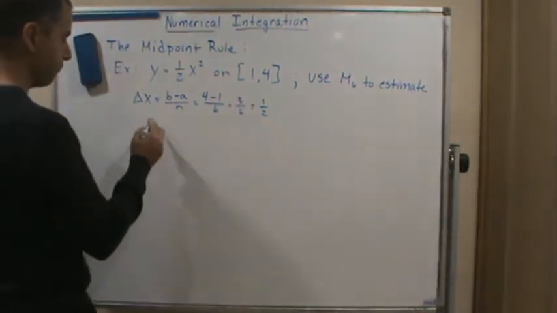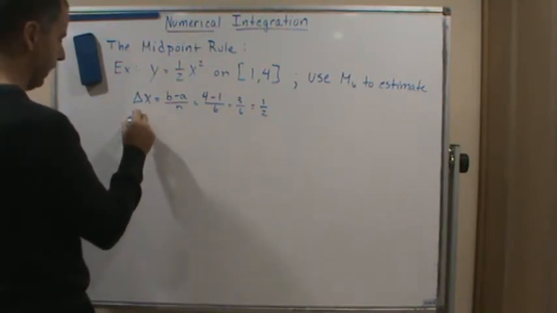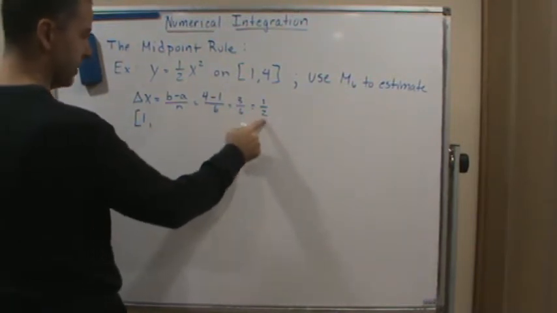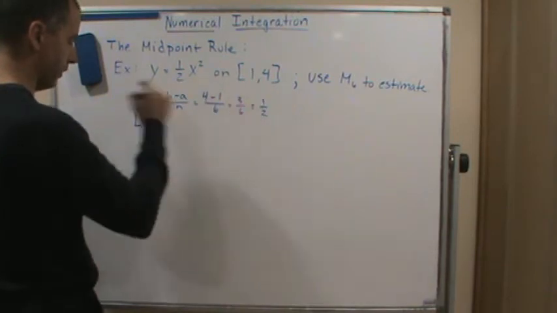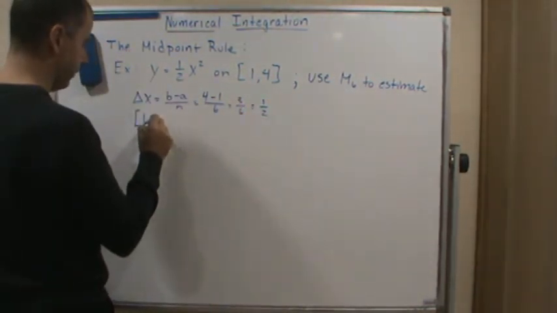Now this is going to help us get all of the partitions, the subintervals. We're going to start with 1, and our first subinterval starts at 1. Now this is the length, so we need to go 1/2 farther. So this is going to be 1.5.